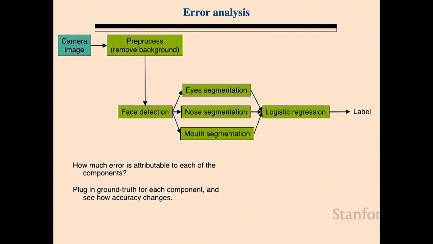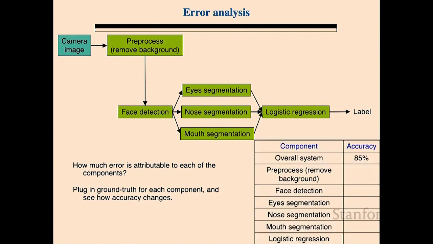So here's what you can do with error analysis. Say your overall system has 85% accuracy. Here's what I would do. I would go in and in your dev set, your development set, the cross validation set, for every one of your examples in the dev set, I would plug in the ground truth for the background, meaning that rather than using some approximate heuristic algorithm for roughly cleaning out the background, which may or may not work that well, I would just use Photoshop.